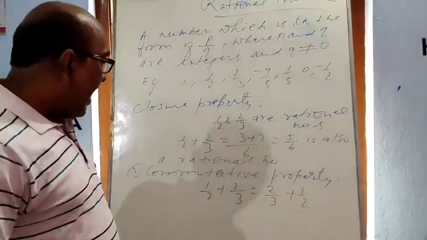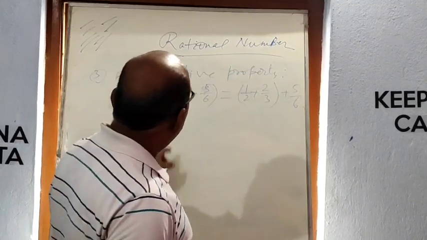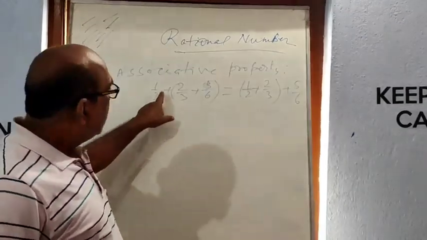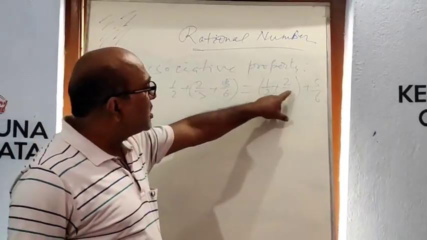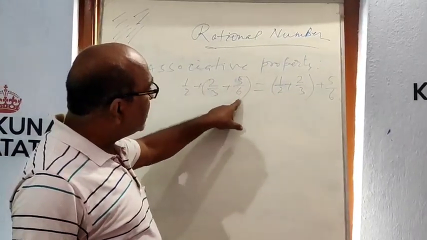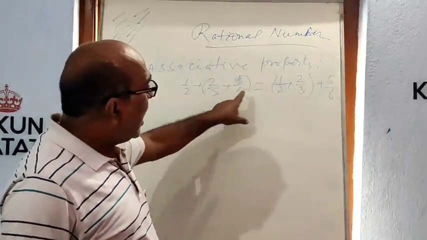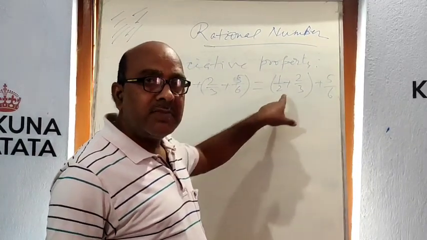Now third is associative property. For example, 1 by 2 plus 2 by 3 plus 5 by 6 is equal to 1 by 2 plus 2 by 3 plus 5 by 6, with different grouping. In left hand side 2 by 3 and 5 by 6 are in bracket, and in right hand side 1 by 2 and 2 by 3 are in bracket.